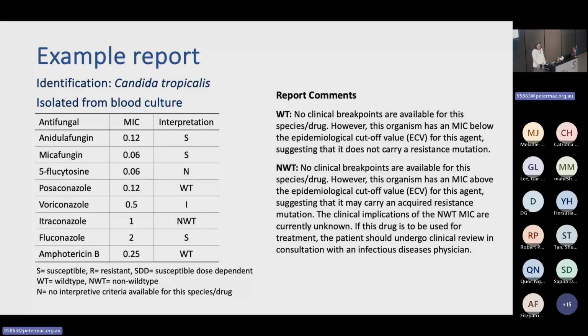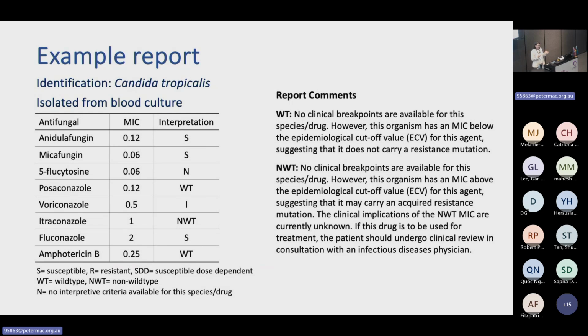I think it's important to include MICs on the reports. And the question came up earlier about how to manage susceptible dose-dependent isolates of Nakaseomyces glabratus, Candida glabrata. And I think that's where the MIC can be very useful, because susceptible dose-dependent goes all the way up to 32 for Candida glabrata.